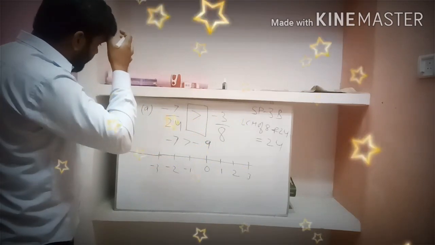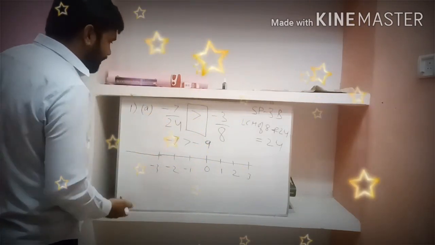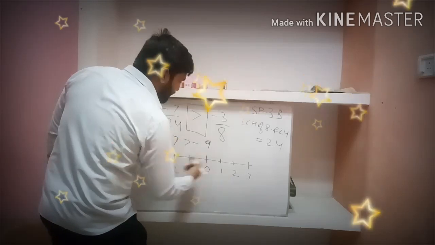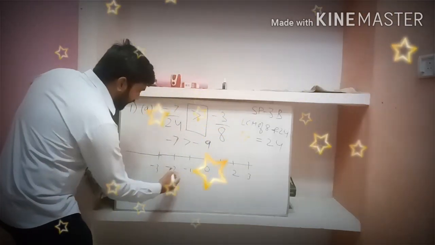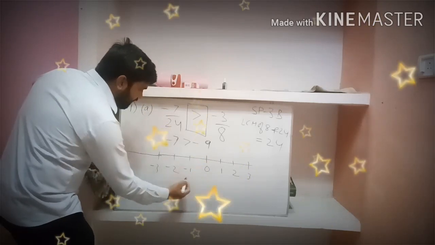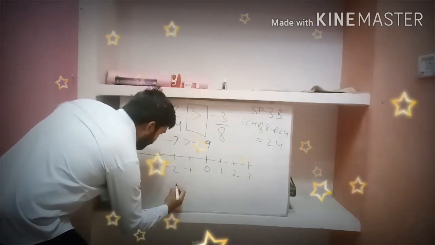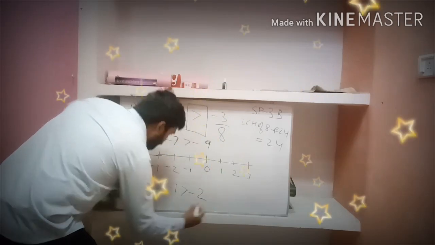So whenever a number exists on the right of another number, that is greater. Here see, 1 is right of 0, so 1 is greater. 2 is right of 1, so 2 is greater. Minus 1 is on the right side of minus 2. So this is left and this is right. So minus 1 is greater than minus 2.